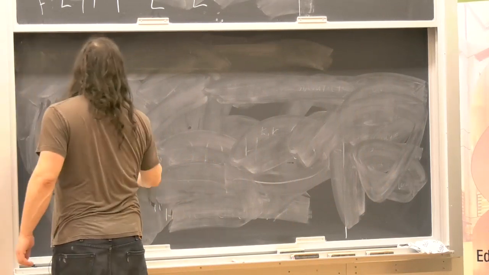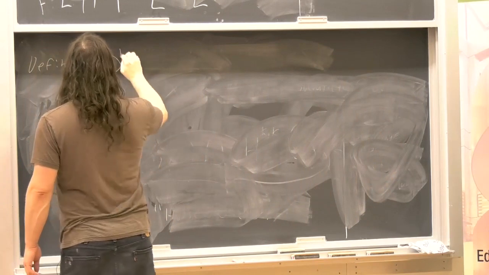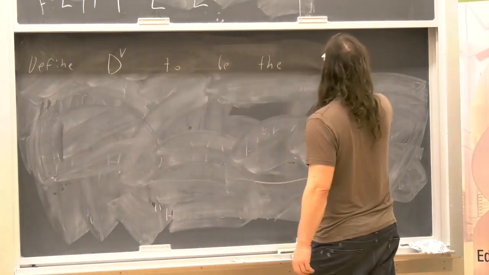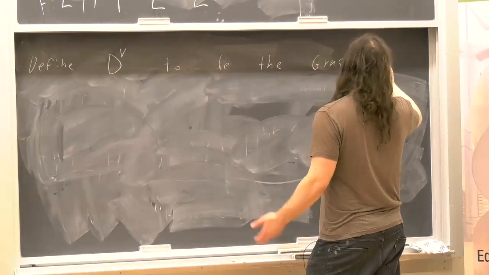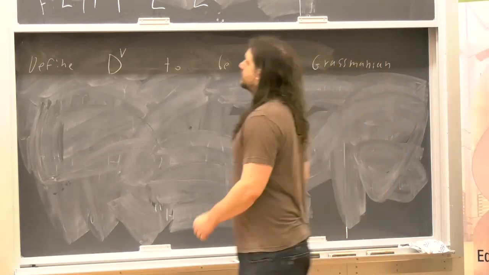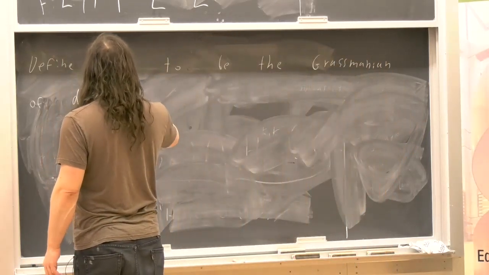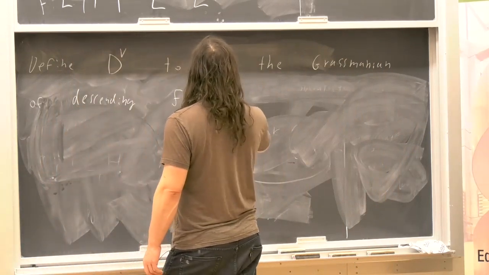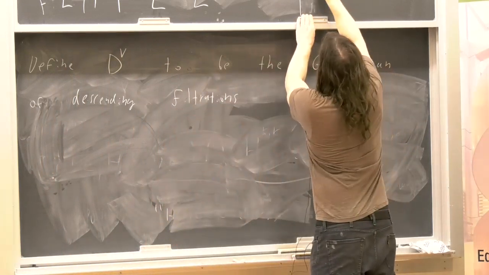Now we can actually define D check to be the space of filtrations, to be the Grassmannian, or flag variety, whatever, of descending filtrations as above, satisfying this condition star.